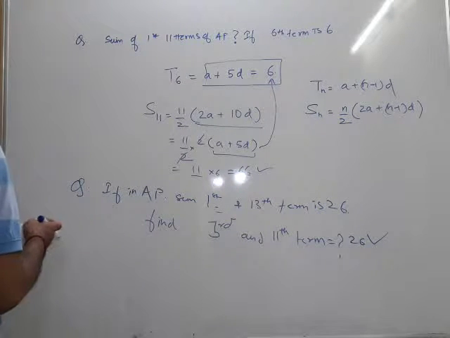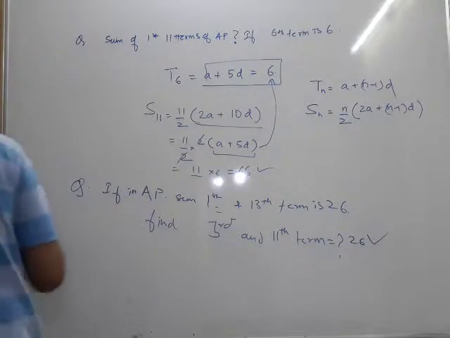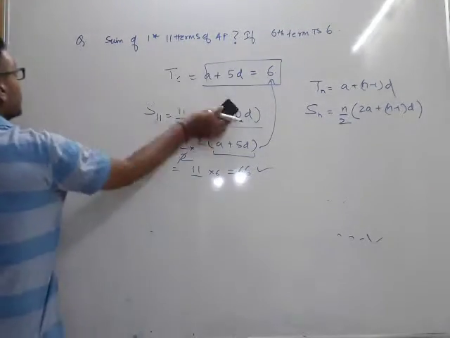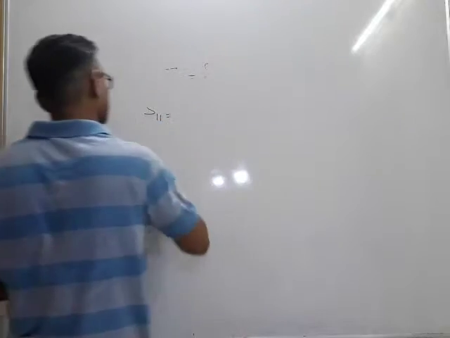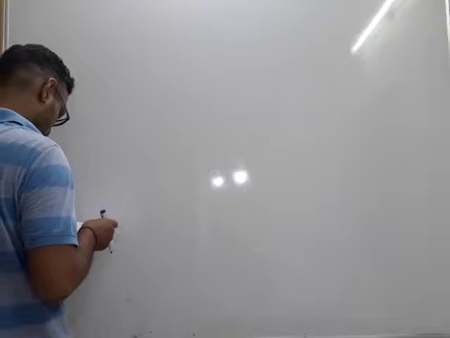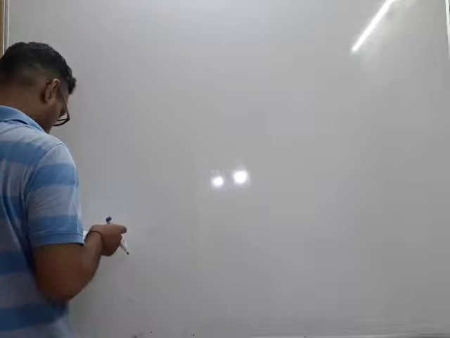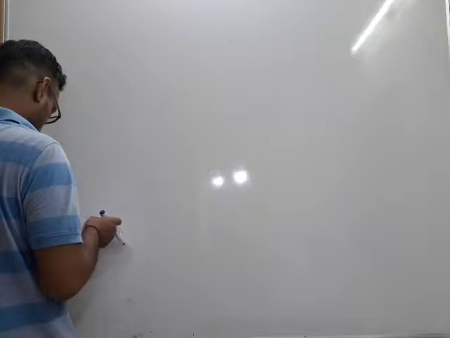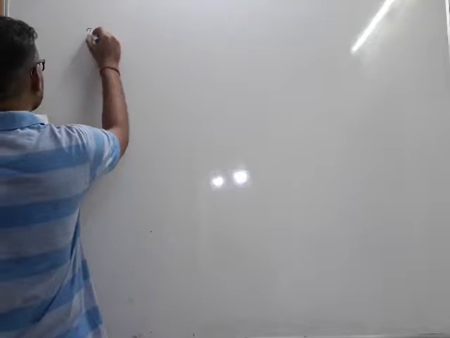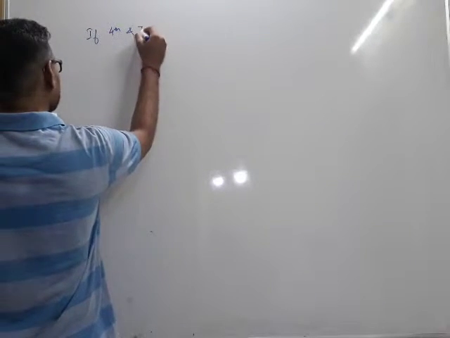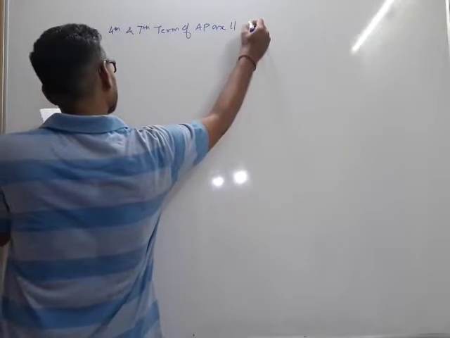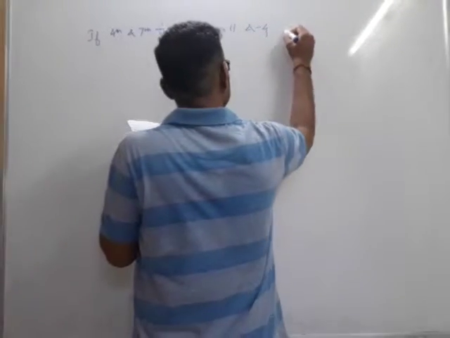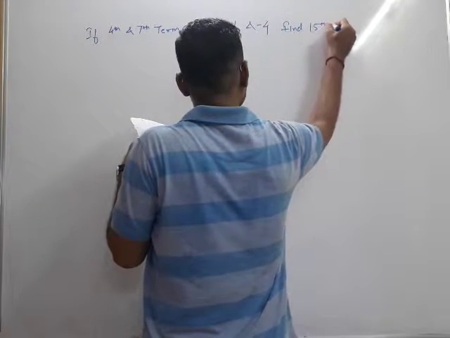Now let's see the past year question. Question says, if the 4th and 7th term of an AP are 11 and minus 4, find the 15th term.